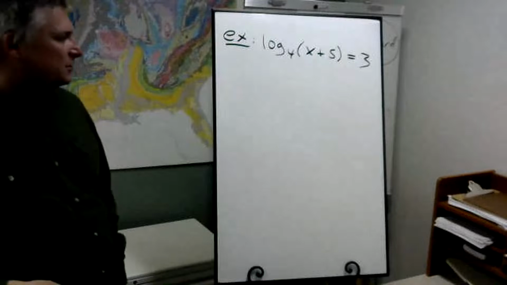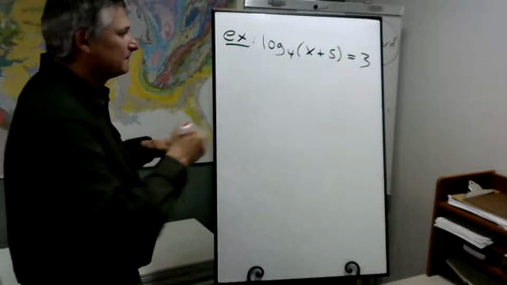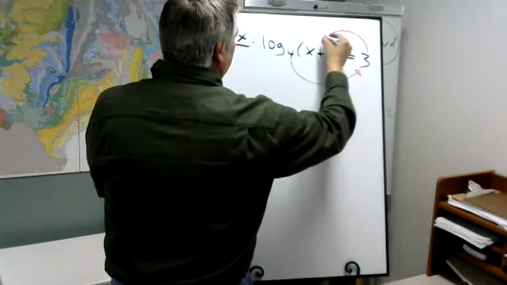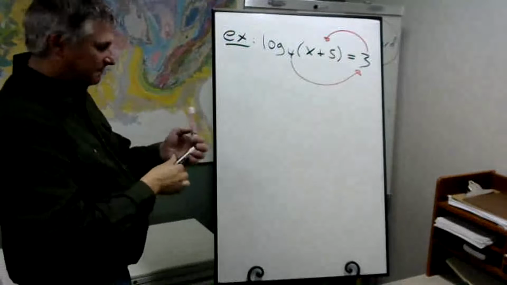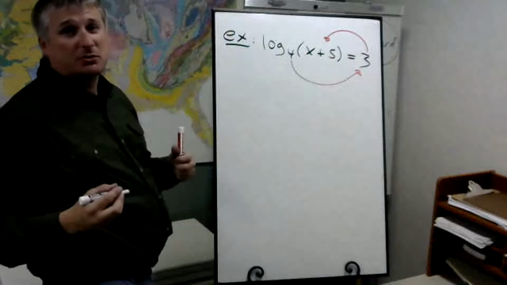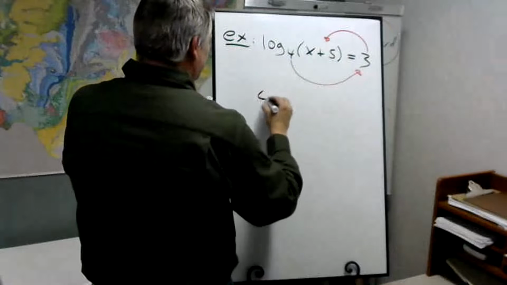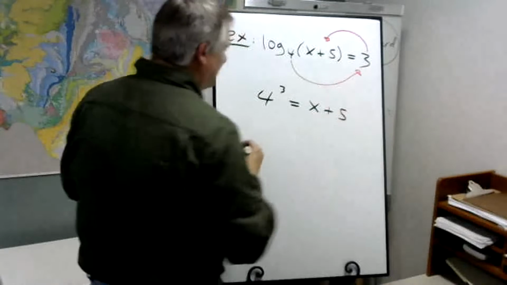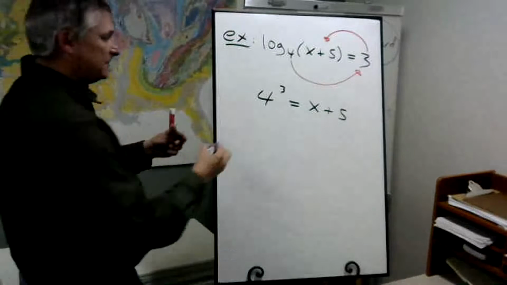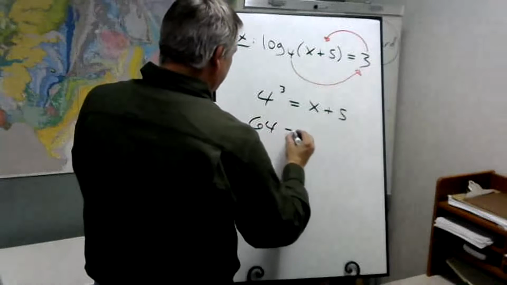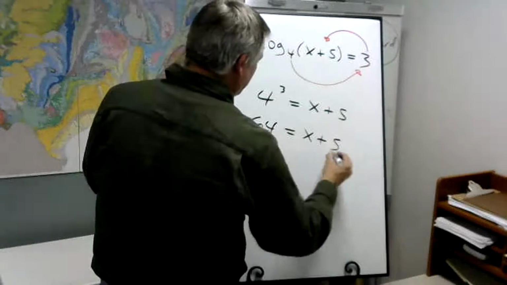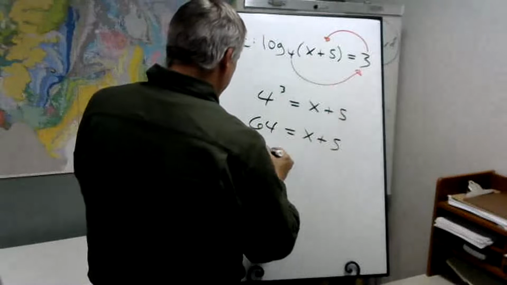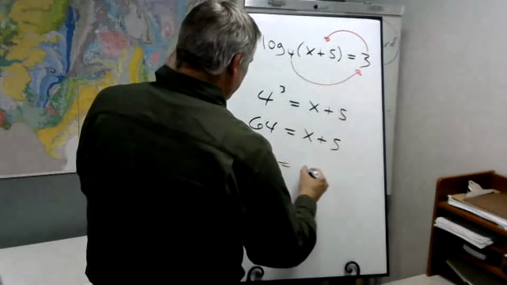Well, for this one, we could just use sort of our wheel. Here we go, 4 to the 3 equals x plus 5. We convert it to an exponential equation. So 4 to the 3 equals x plus 5. Now 4 to the 3 is 64. This is x plus 5. Subtract 5 from both sides, and we get 59 equals x.